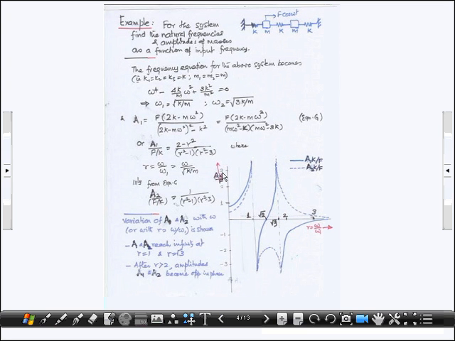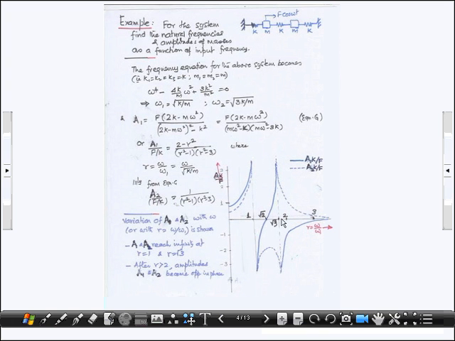You will also find that when r is equal to root 2, the amplitude a1 becomes 0. That is what you see at this point. When r is equal to root 2, the amplitude a1 becomes 0, but a2 would have a finite value.